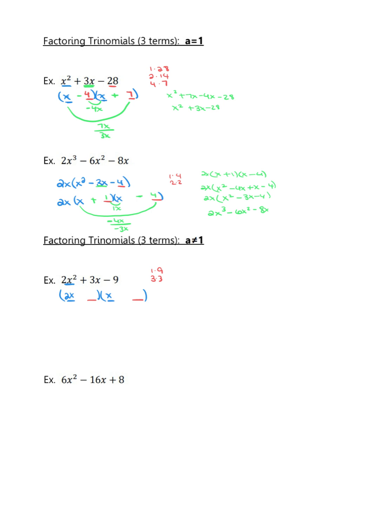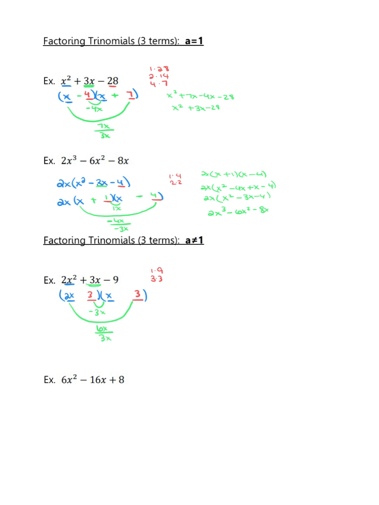Now remember, one of those numbers is going to get multiplied by 2. So if I try 3 times 3, then that gives me 3 times x is 3x, and 2x times 3 is 6x, and I need a 3x in the middle.